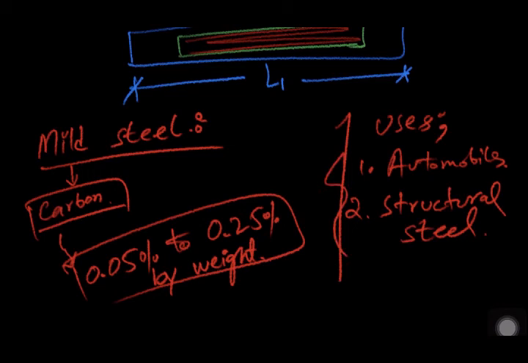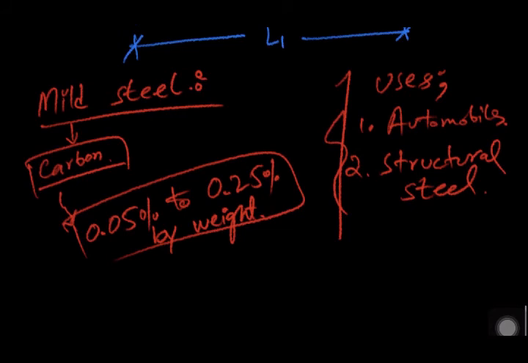We study the stress strain curve for mild steel, and usually we don't study cast iron, steels, and other materials in our syllabus, because mild steel is the one which gives us all the properties, or all the terms which can happen in any other stress strain curve.